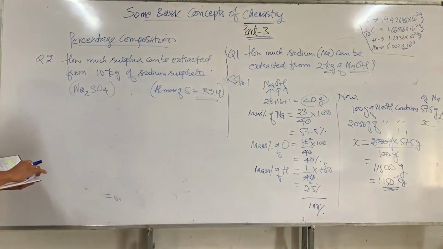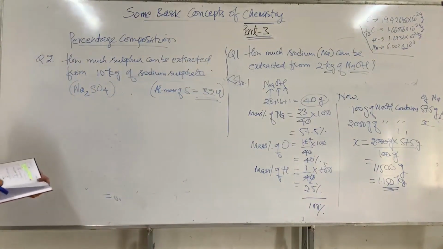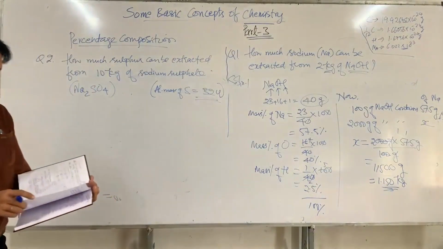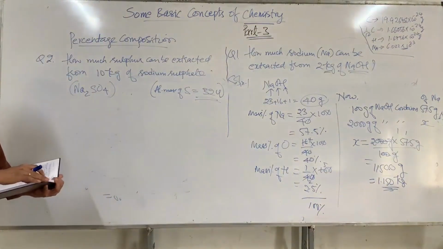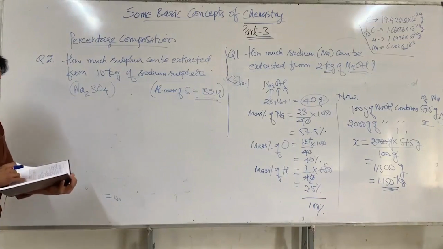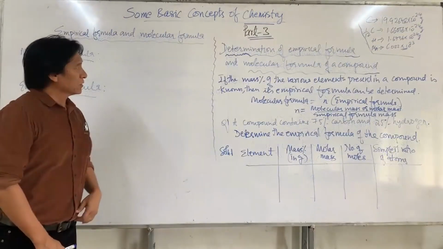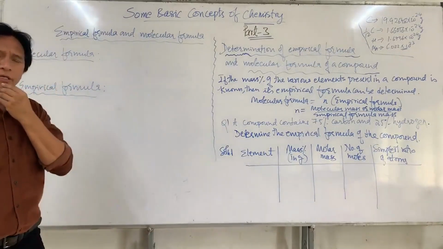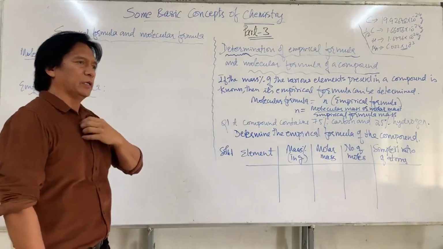That's it. And now next we will move on to the next part, empirical formula and molecular formula. Okay, so the next thing is about empirical formula and molecular formula.